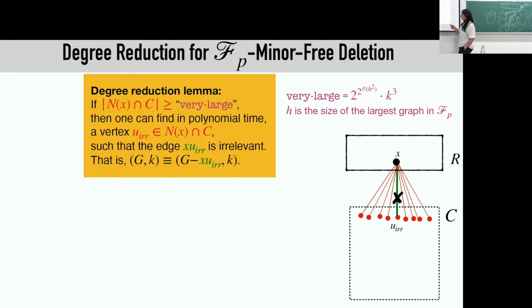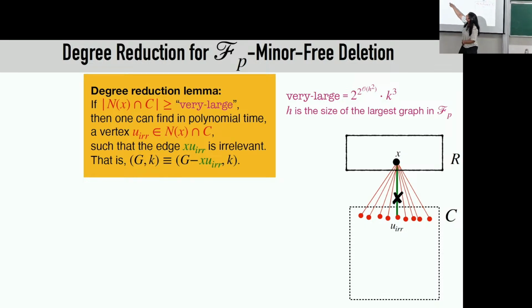And we want to say that if the number of neighbors of x in C, which is the degree of x in C, is very large, quantified very large here, not so relevant but very large, then in polynomial time I will find an edge, denoted by this green edge. This edge is an edge incident between x and one of its neighbors in C, such that removing this edge from the graph will not change the answer to your problem.